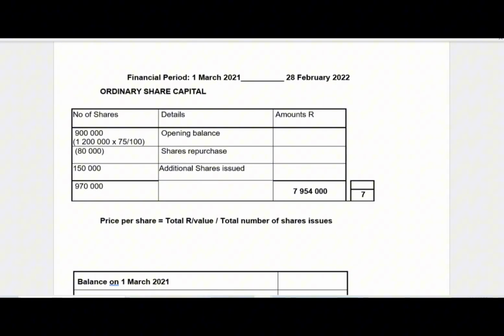In this case, our total rand value is given as 7,954,000, and then you divide by the number of shares, the one that we calculated, 970,000. How much is the price per share right there?